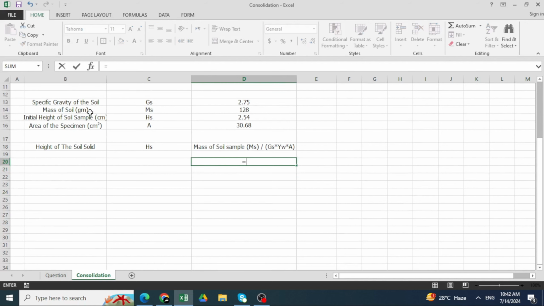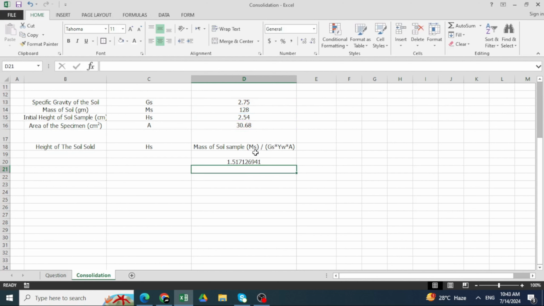So first of all, I will add the mass of the solid or mass of the soil, which is 128, divided by the specific gravity, and the specific gravity is also given in the above cell. So specific gravity of the soil is 2.75, and the unit weight of water is known, that is 1, and the area of the soil sample, that is 30.68.